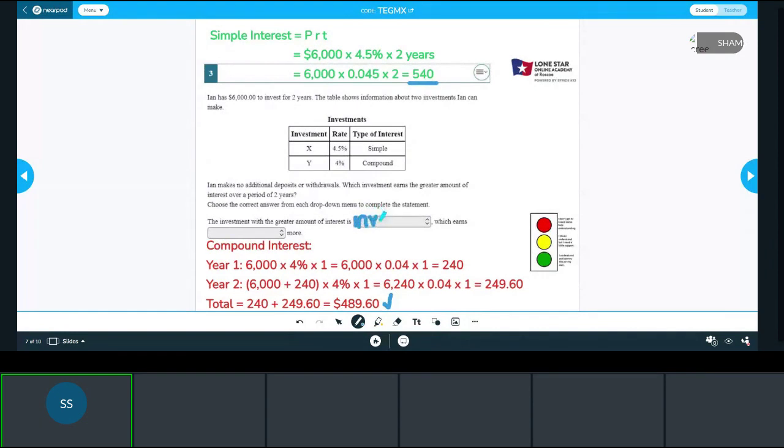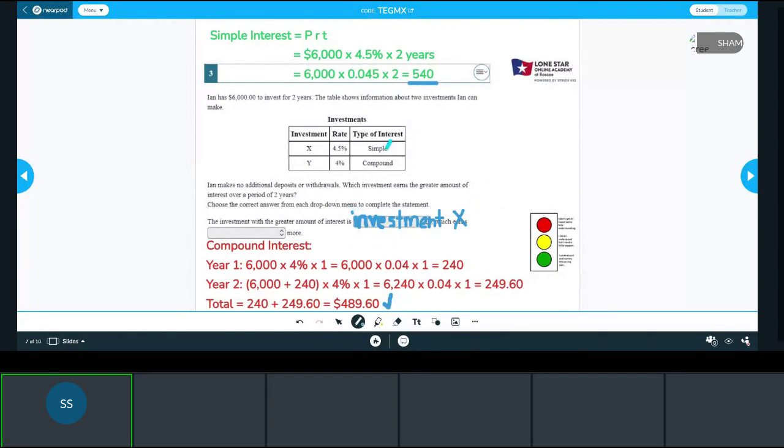right? In this case. And there are reasons why we are able to earn more through the simple interest. Think about it. Why in this case is simple interest earning more money? Although compound interest is compounding and it should earn more. So investment X earns more, right?